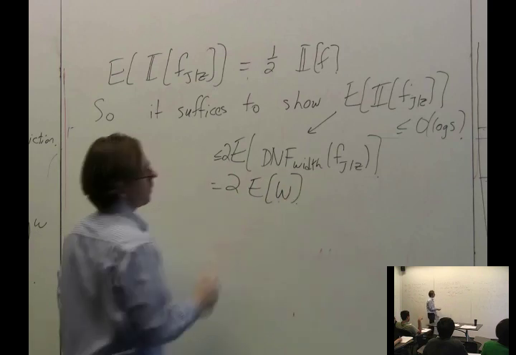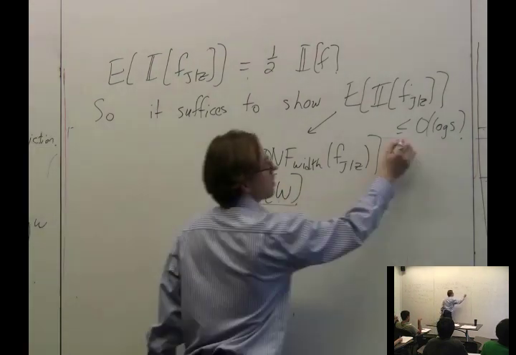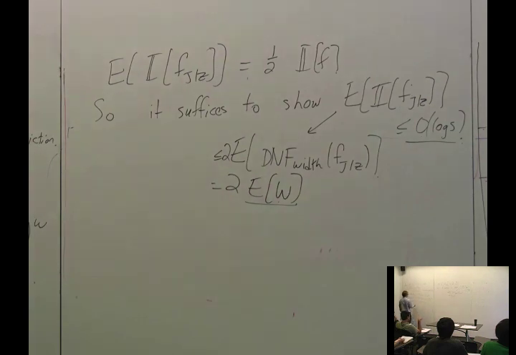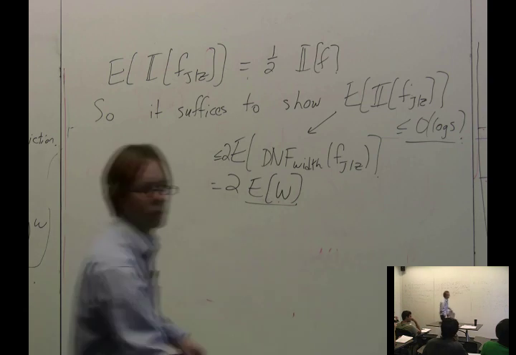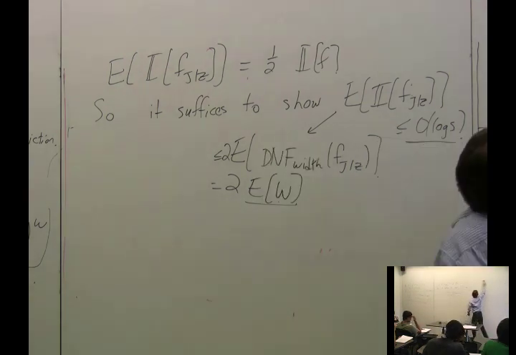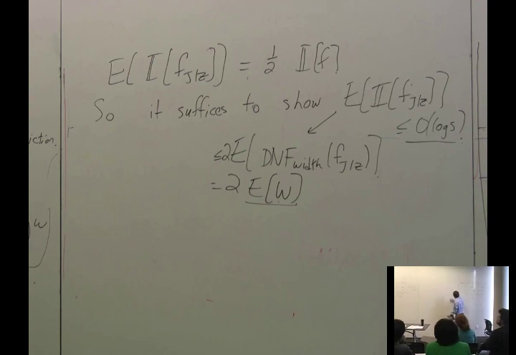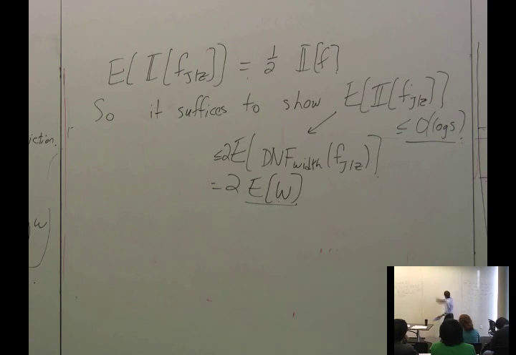Okay, so the last thing we need to check is that the expected value of capital W is at most log S. And that's a very simple calculation just based on the fact that we know W is exponentially unlikely to be a large value. Okay, so just to complete this calculation, the expected value of W, there's this simple formula for the expectation of any random variable.